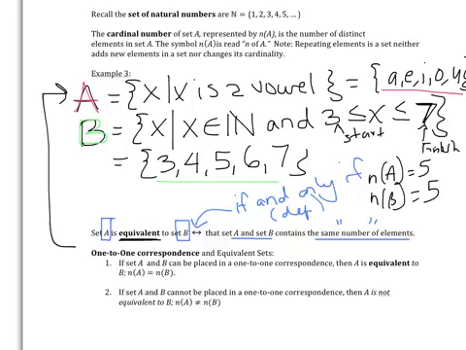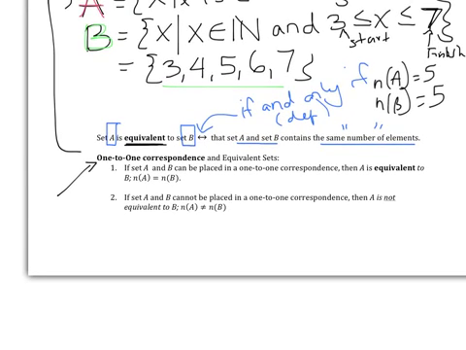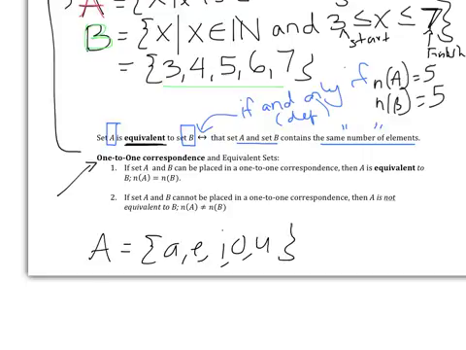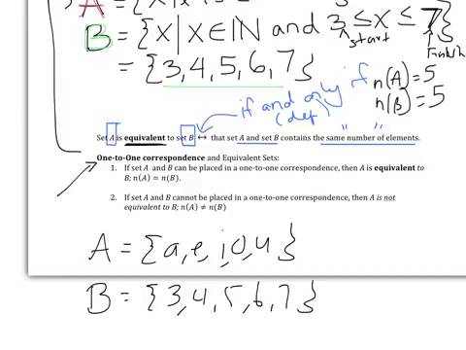But we can also set up a one-to-one correspondence. If I write my set A, which is A, E, I, O, and U, and my set B, which is 3, 4, 5, 6, 7, we can set up a one-to-one correspondence with arrows: A goes with 3, E goes with 4, I goes with 5, O goes with 6, and U goes with 7.